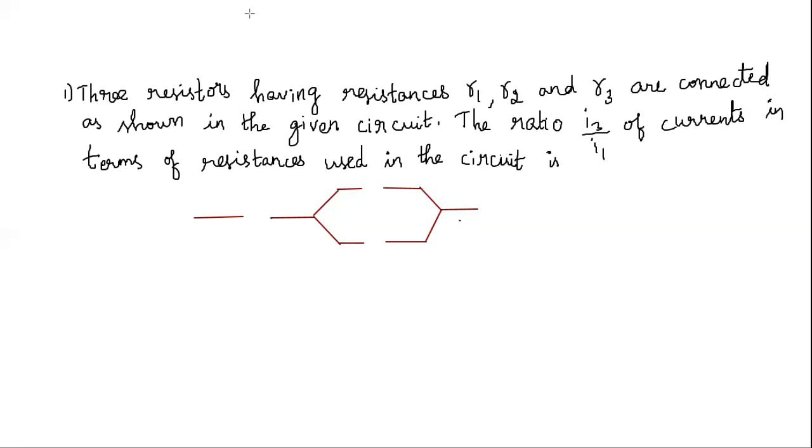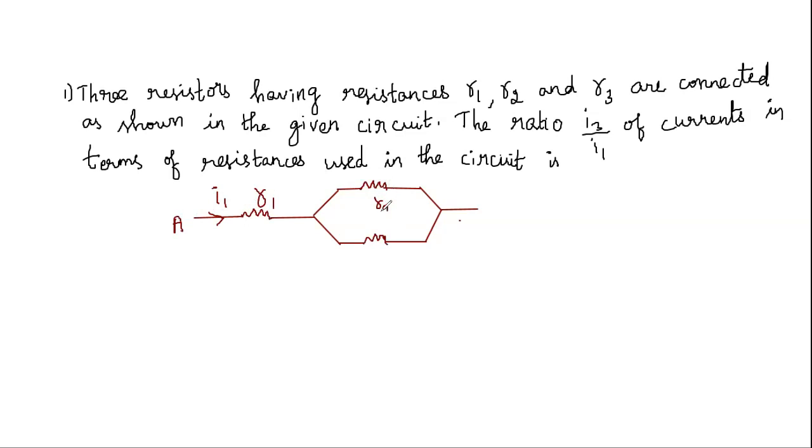So here you have the resistance R1, and you are having the current I1 here. So this point is actually A. Here you are having R2, and here you are having R3.